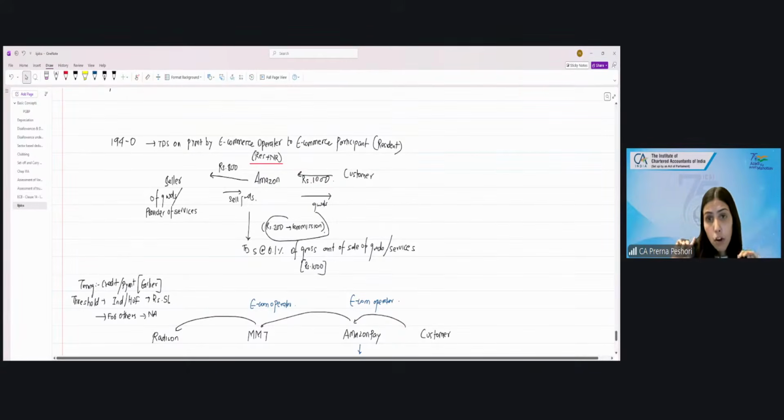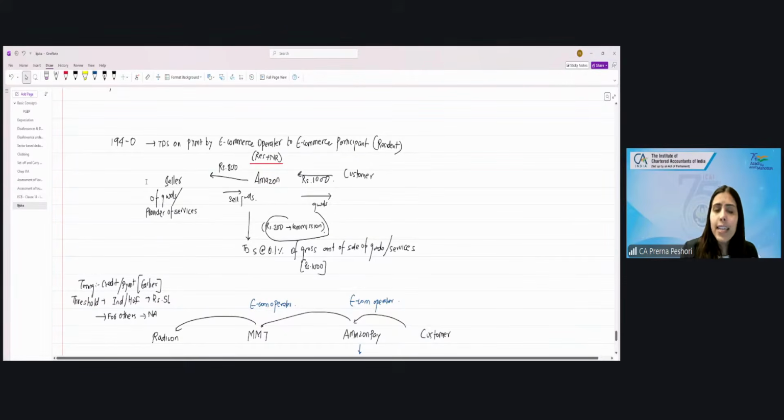The e-commerce participant has to be a resident. Say the goods are sold at 1,000 rupees to a customer. Amazon retains a commission of 200 and passes on 800 to the seller.